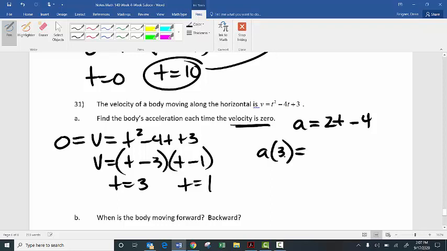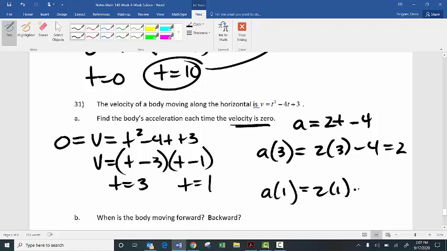So a of 3 and a of 1. Plug in 3: 2 times 3 minus 4 is 2, and 2 times 1 minus 4 is negative 2. A positive acceleration means it's speeding up. A negative acceleration means it's slowing down. That's all it means.